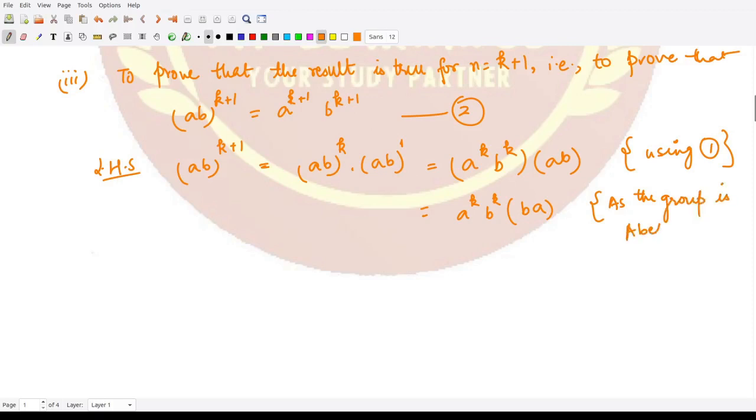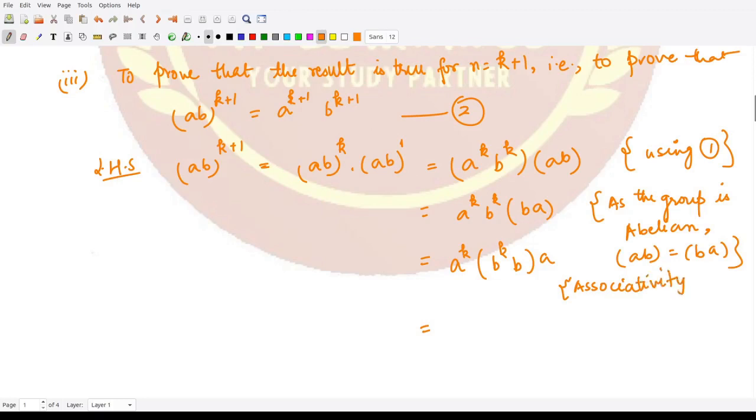So we can make use of the property that ab is equal to ba, so that now we can make use of associativity to combine these elements. When you combine these elements, it would be a^k, b^(k+1) and then a.